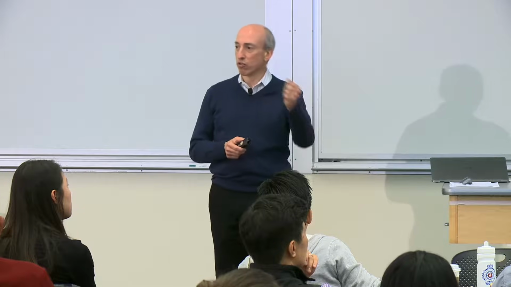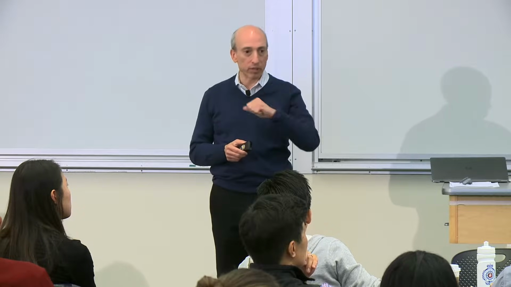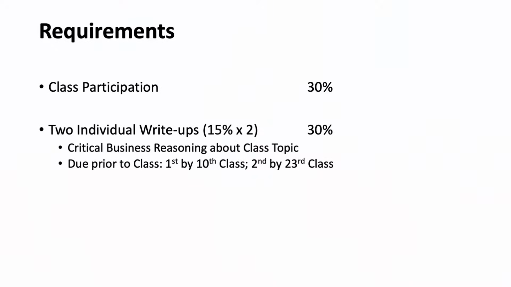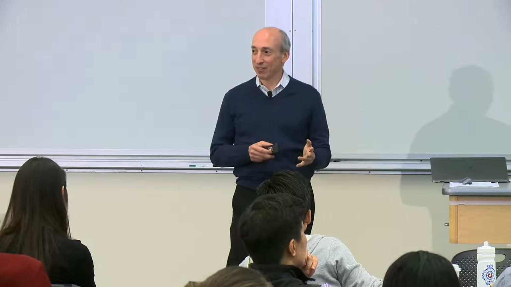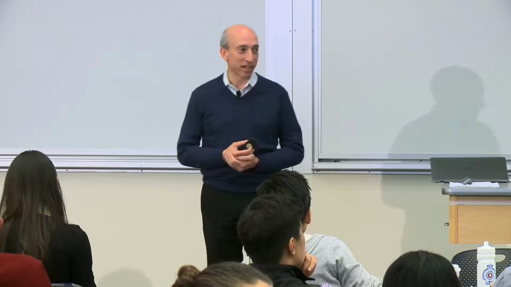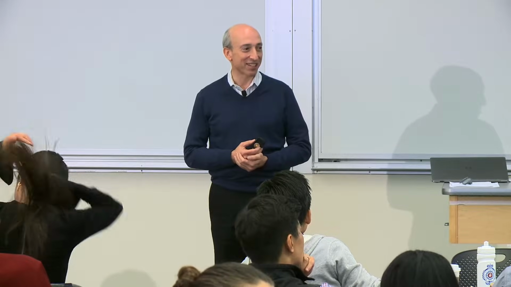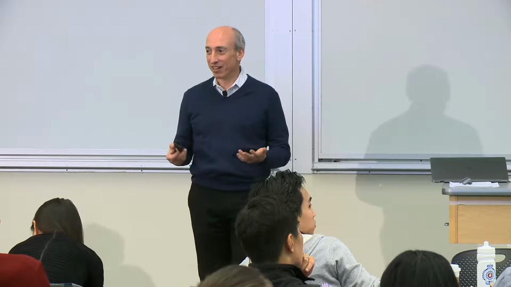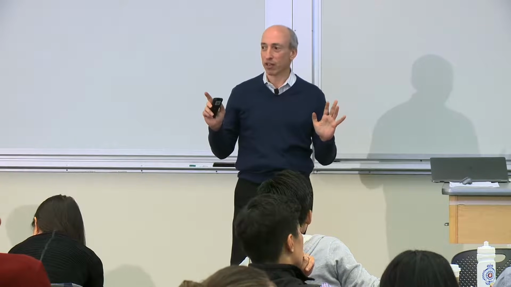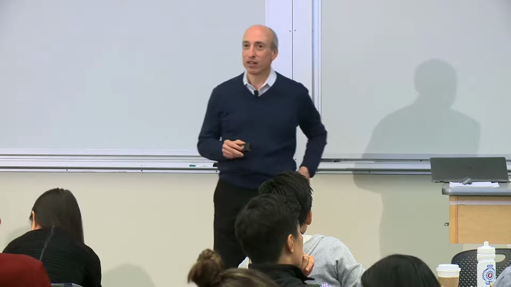What are its strengths or its values in terms of business reasoning and critical reasoning? 1 by the 10th class, 1 by the 23rd. Always before class. What it likely means is we'll be getting most of these on the 8th, 9th, and 10th class. I know how that works and so forth. And that's okay. That's okay. But I'm just reminding you of that.